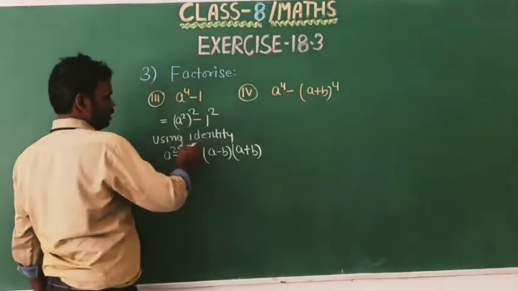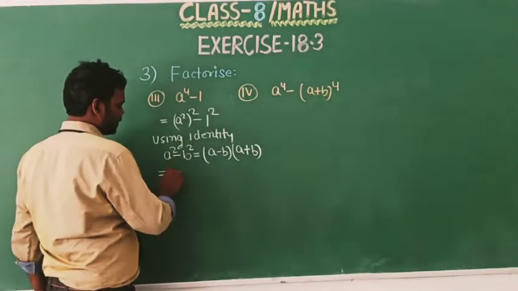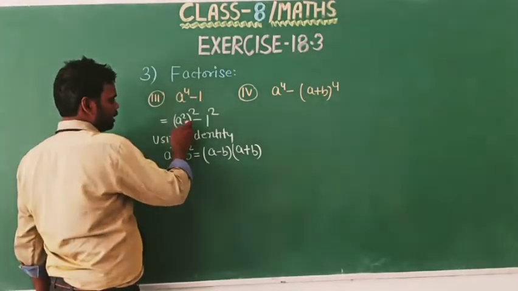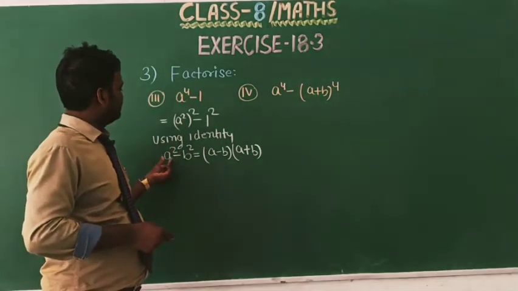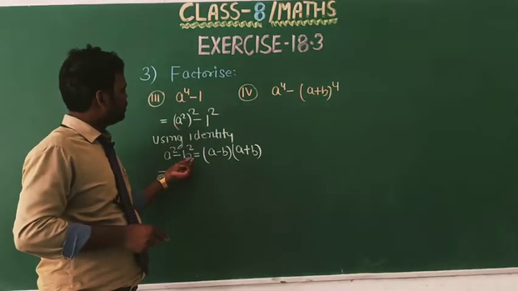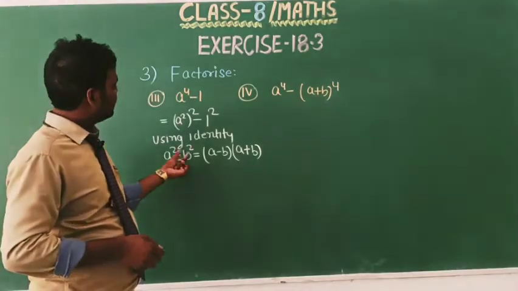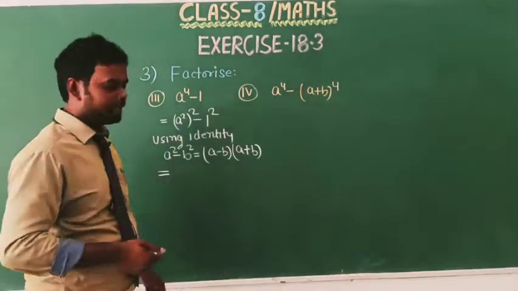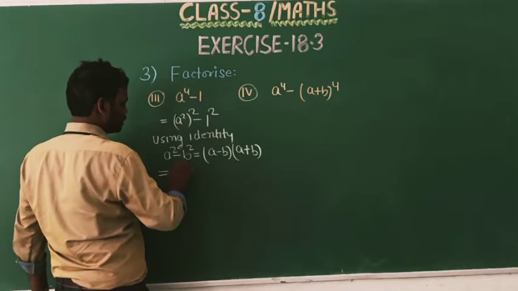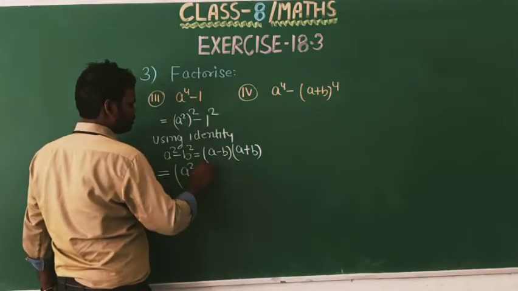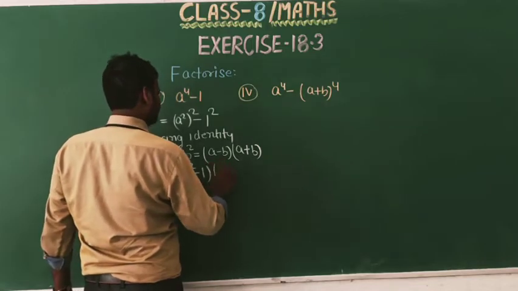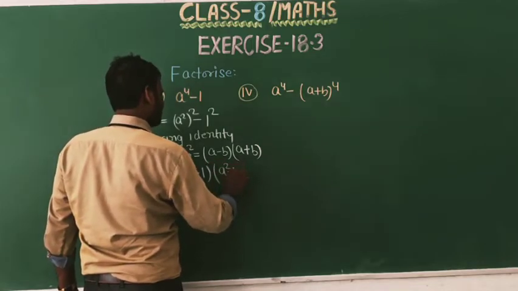Here the value of a square is a square and b square is 1 square. So this is expressed as a square minus 1 and a square plus 1.